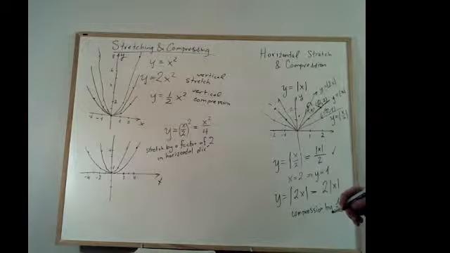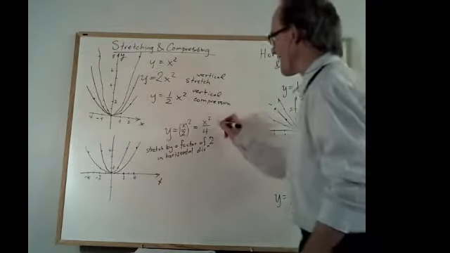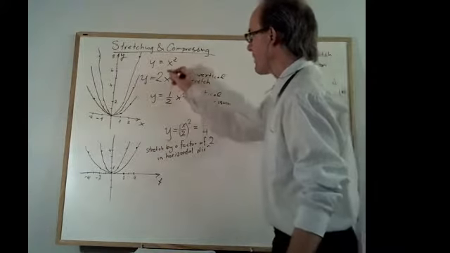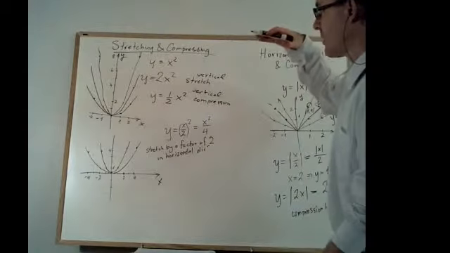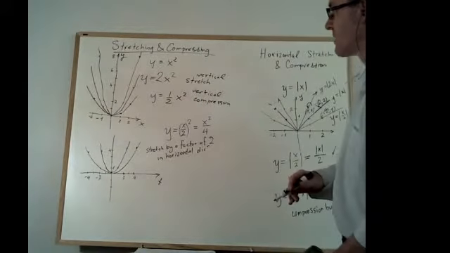All right. So this graph is the same as a graph that's compressed. It's the compression of y is equal to x squared by a factor of 1 over 4 in the vertical direction.